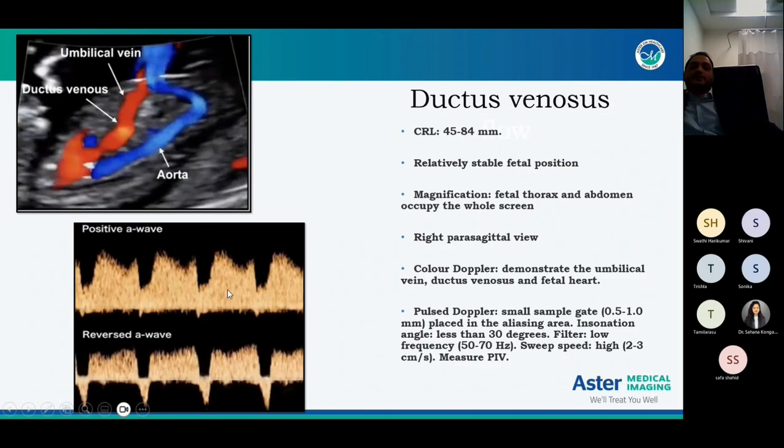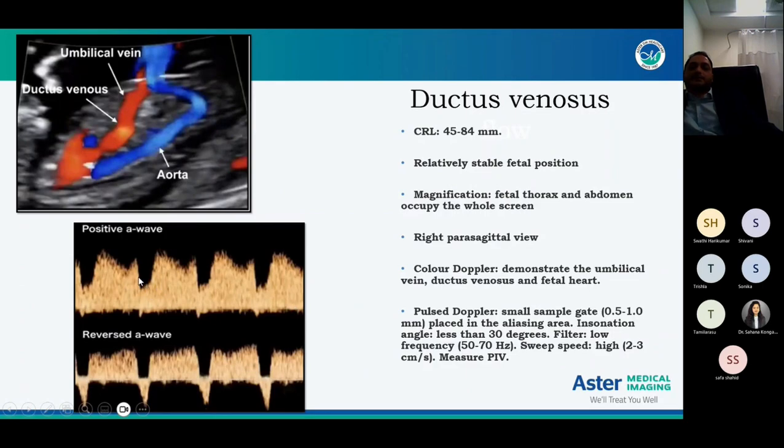What happens is when there is overcrowding of the waves, there will be a false impression of the absent A wave. The waveform you can see is having S, D, two peaks, and the third, in between the two waveforms, there is another filling up, that is the A wave.